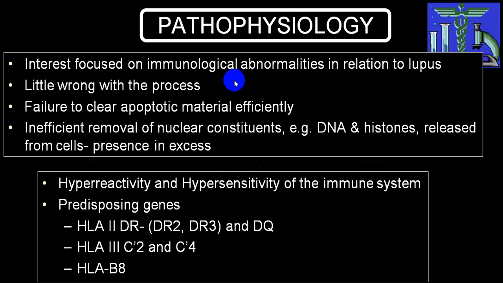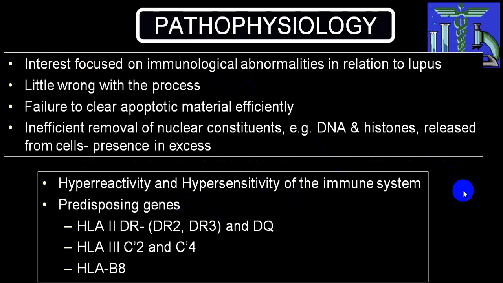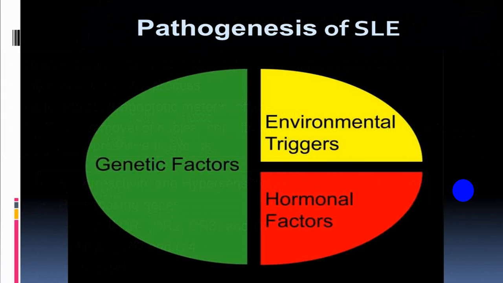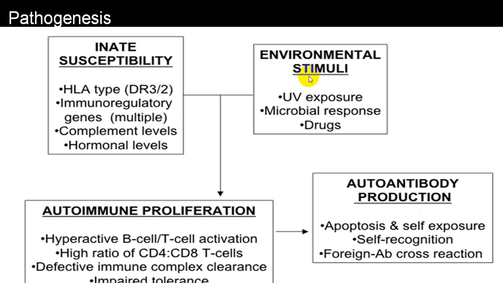If we see the pathophysiology, we'll show you in the next slide how exactly it starts. These are genetic factors, environmental factors, hormonal factors. Environmental factors like ultraviolet light, infection, drugs, these three are the most common.